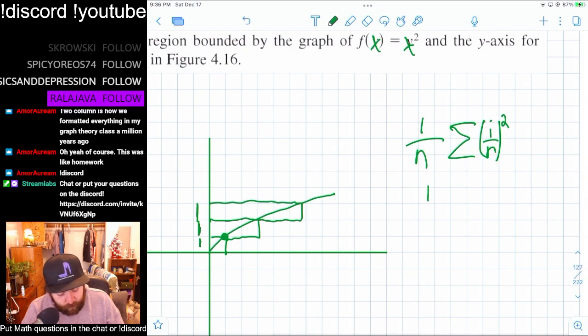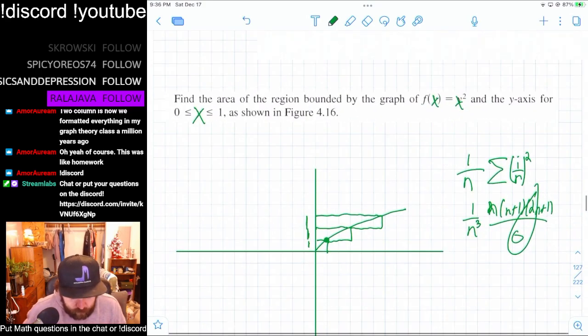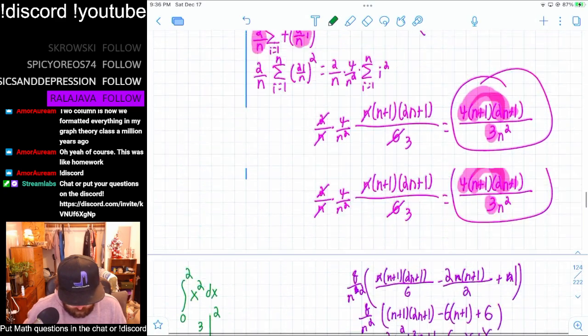So that's just like before. You pull out the 1 over n cubed, and then it's just the sum of i squared, which is n times n plus 1 times 2n plus 1, over 6. So again, we just end up with 1/3 here? That's not right.